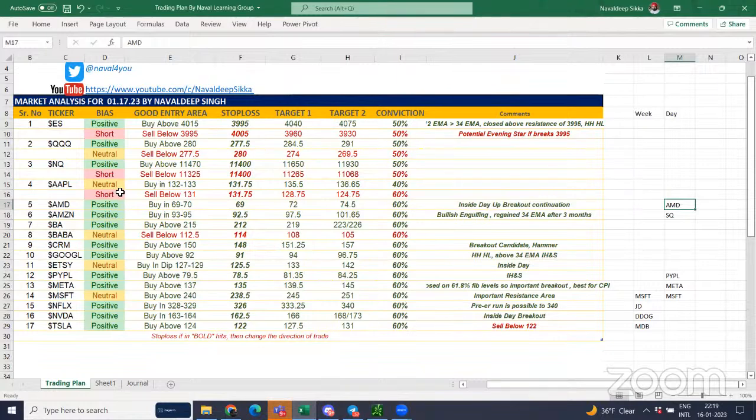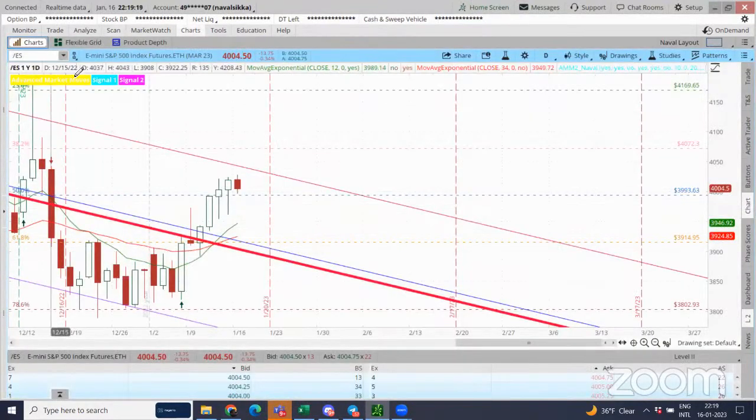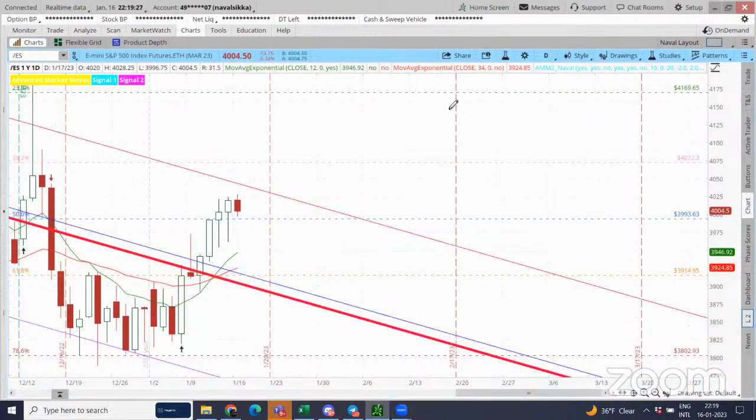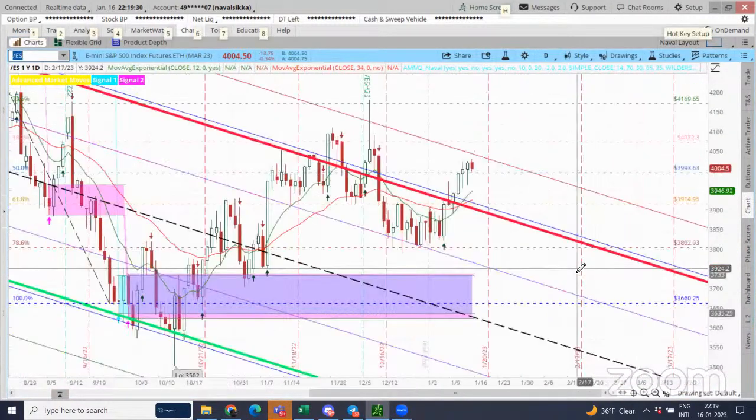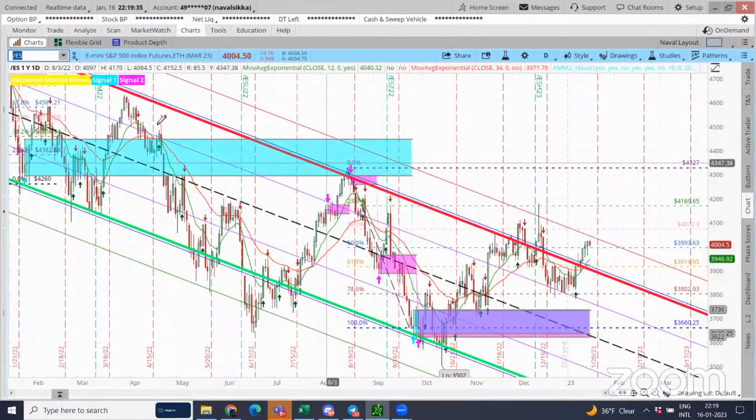All right, so let me just start with ES. I'm going into the charts. Yes, ES is right there. Now, if you see, ES has broken out.